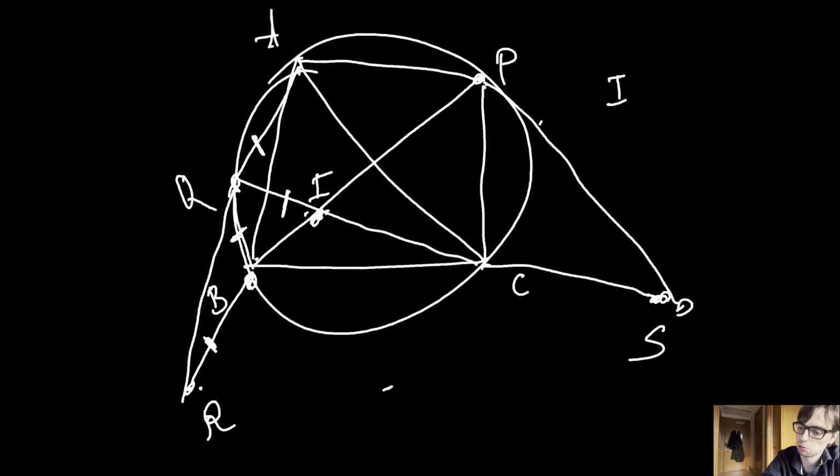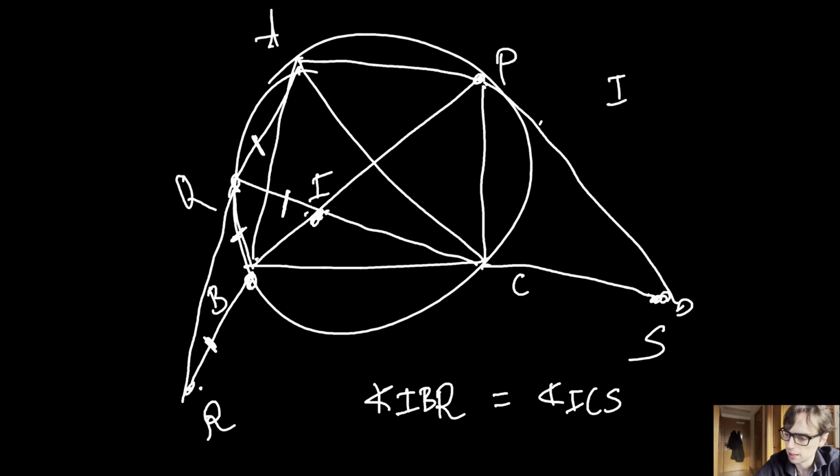If we were to try to prove the similarity, we definitely have, okay, the angle IBR. We can definitely calculate that one. And this angle should be equal to ICS. And my guess is, and I think we can actually go ahead and show this, that it's going to be 180 minus beta half minus gamma half.